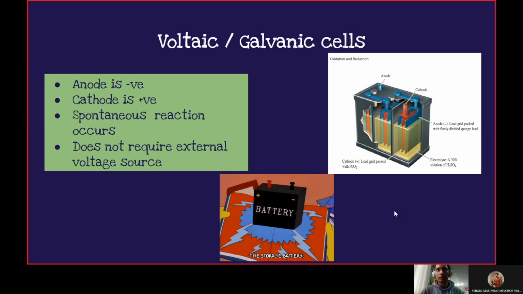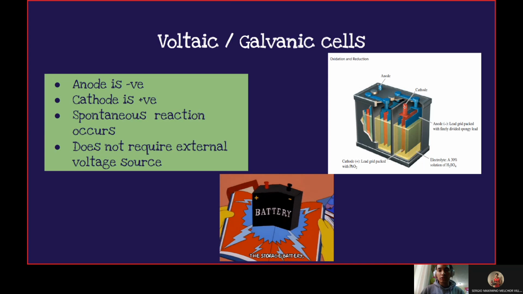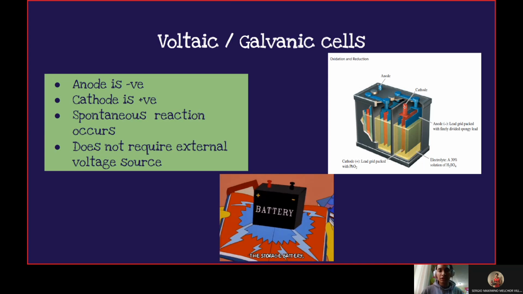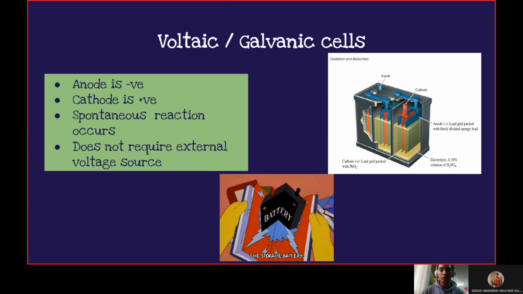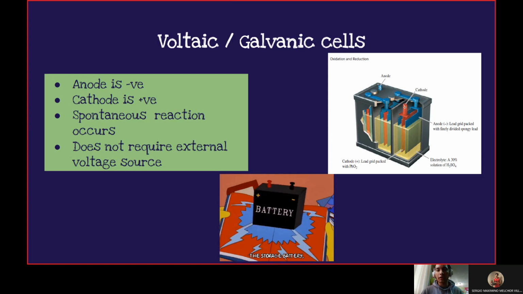Then we have the voltaic or galvanic cells. These are related to batteries. The anode is negative and the cathode is positive. A spontaneous reaction occurs. This is common in batteries, because sometimes batteries may explode due to temperature, or if they have a huge impact, for example with the ground or with a wall.